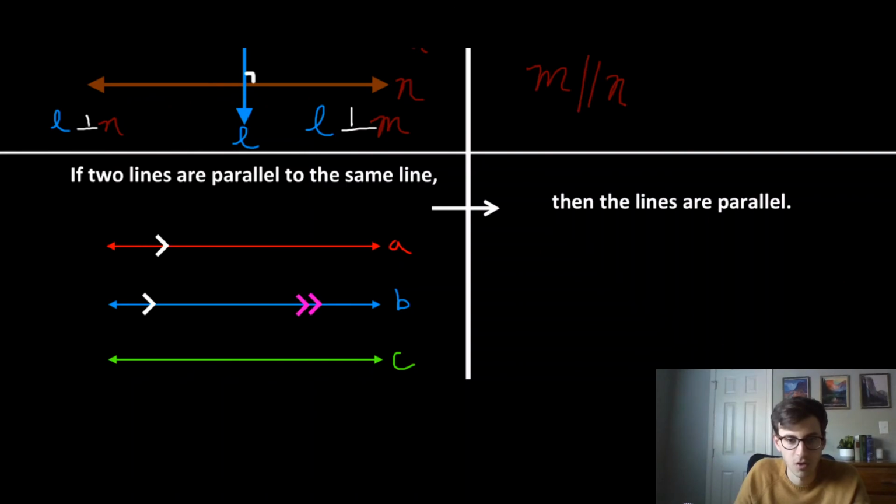I'm using different colors, but I'm also going to use 2 arrows because this is how you would show that lines are parallel. I'm just using 2 different colors so that it's easier to see.